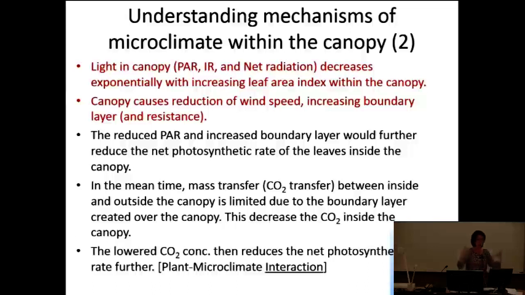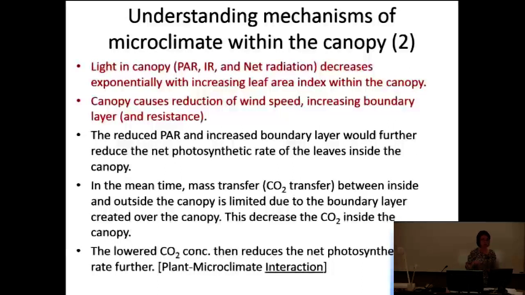CO2 is usually high outside the canopy and low inside because plants are photosynthesizing. That diffusion is restricted because of the boundary layer over the canopy. Therefore, inside the canopy, photosynthetic rate is limited because of the low CO2.